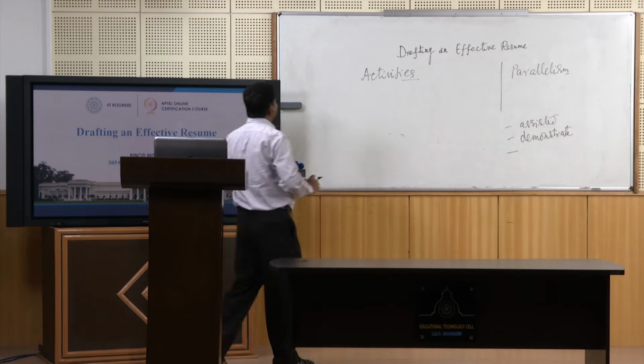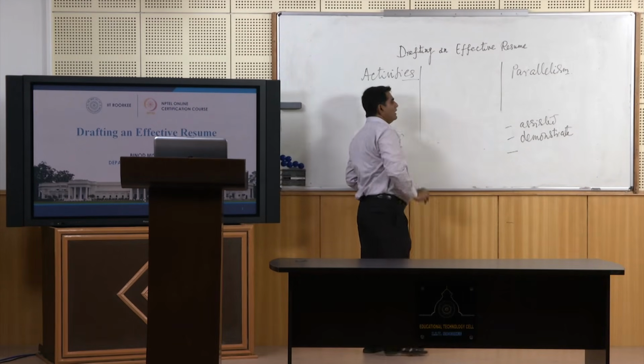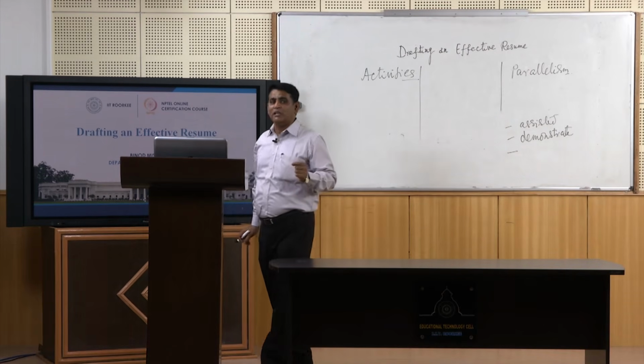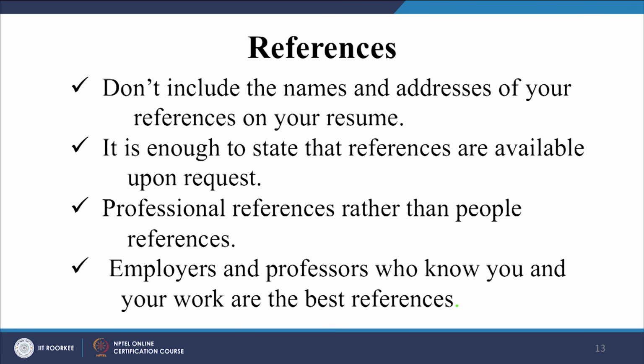When it comes to references, as I said in the previous lecture, it is better not to mention the names of referees unless and until asked for. You can always say references available upon request, but some organizations see to it that you mention referees. In that case they will make it compulsory, or they might have given these instructions, and it is better that you mention professional references and not personal references.